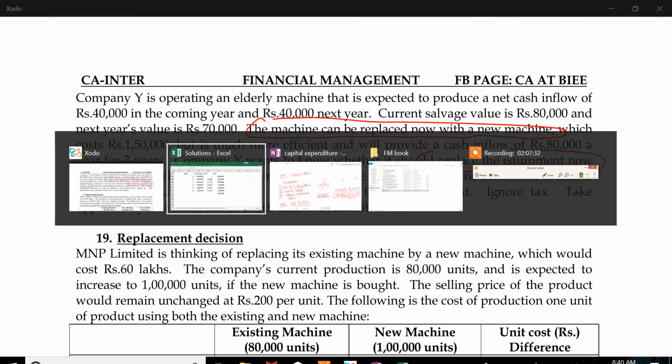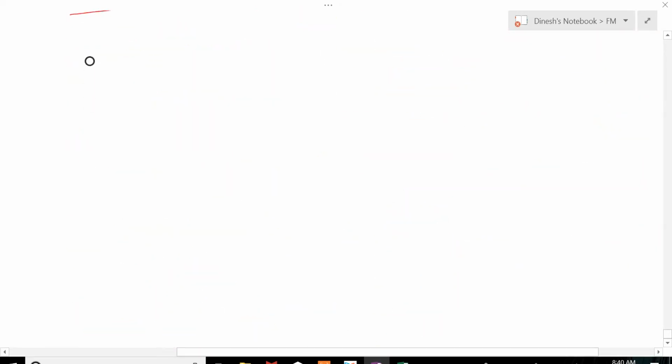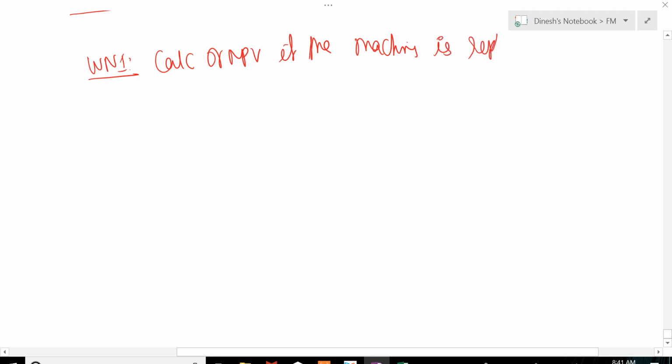Working note 1, calculation of NPV if the machine is replaced today. 4 columns: year, cash flow, PVF, DCF.